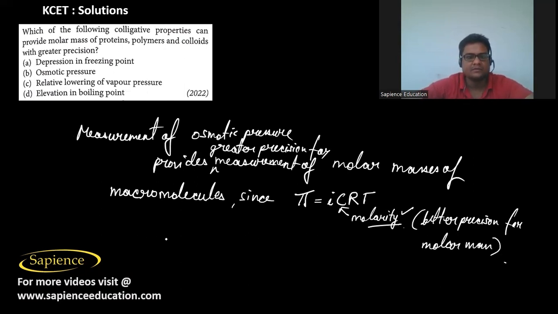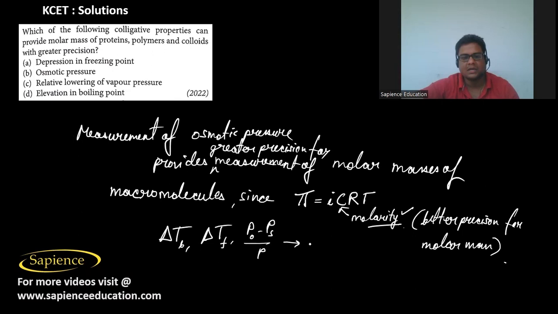And in the case of the other colligative properties, like the elevation in boiling point, depression in freezing point, and the relative lowering of vapor pressure, all these depend on the molality of the solution.